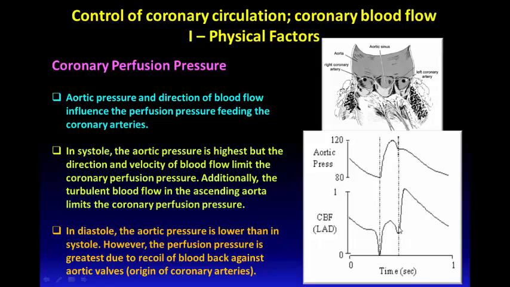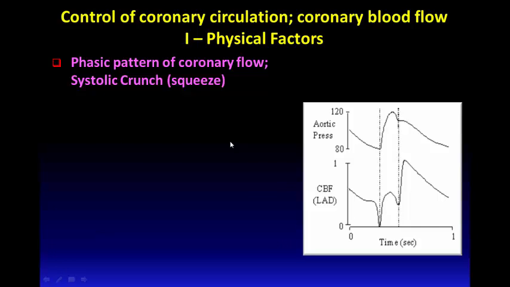It is only during diastole, where left ventricular diastole begins and the aortic pressure begins to decrease, in the isometric relaxation phase of the cardiac cycle, that the flow through the left anterior descending artery reaches its maximal level. Hence, flow decreases as the aortic pressure decreases, because as the aortic pressure decreases during diastole, the coronary perfusion pressure also decreases.